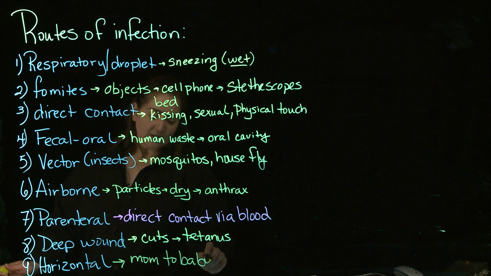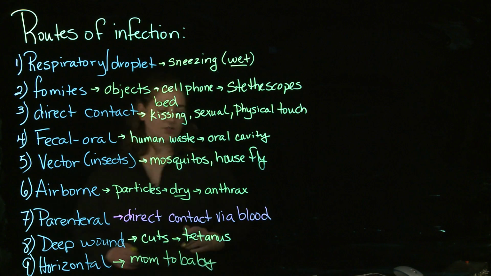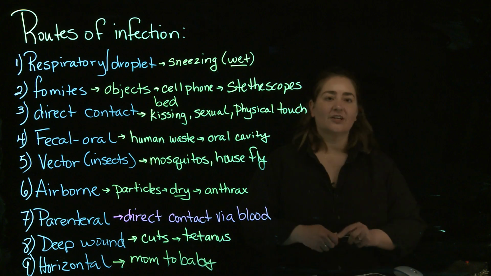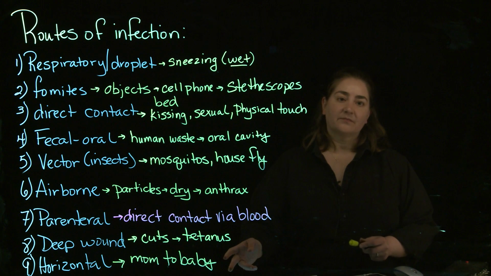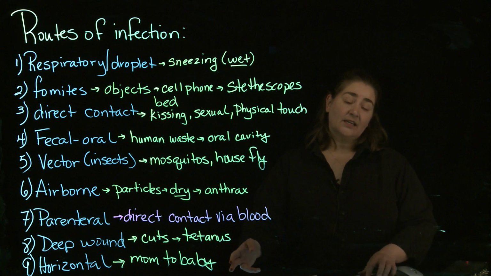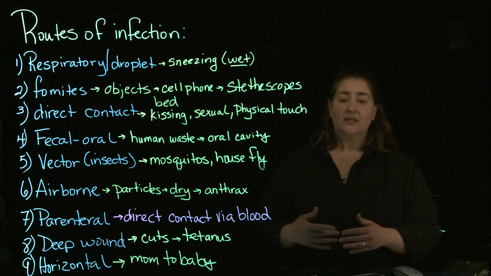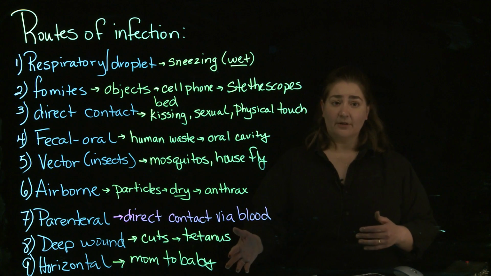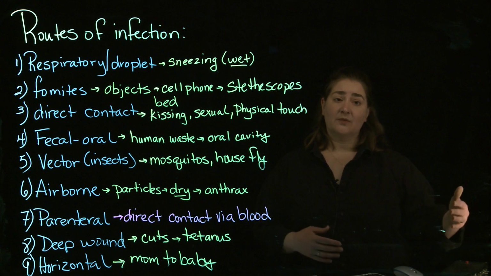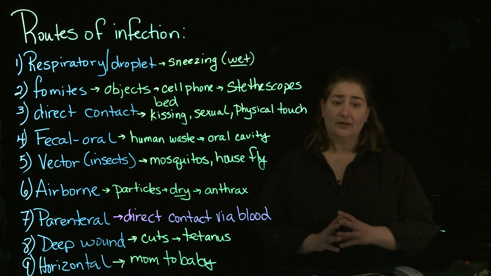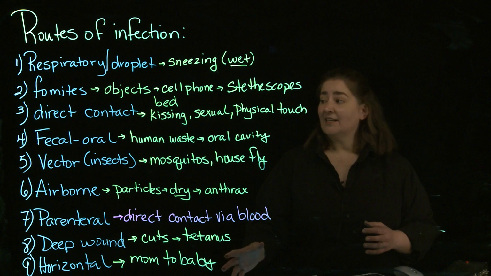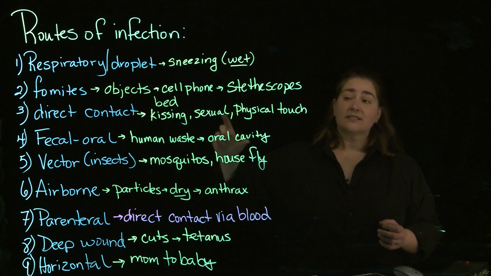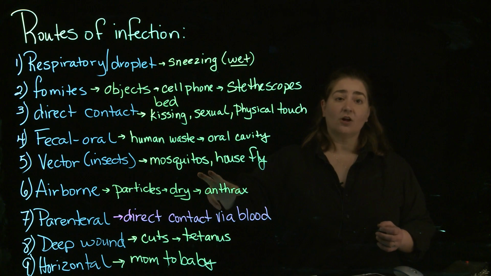This is going to be involving disease transmission from mom to baby. So anything that can cross the placenta, so the Zika virus, transmitting that from mom to baby, those babies that are born with the microcephaly, that would be an example of horizontal transmission. Even though the Zika virus itself, in the adult, the transmission was a vector-based, okay?